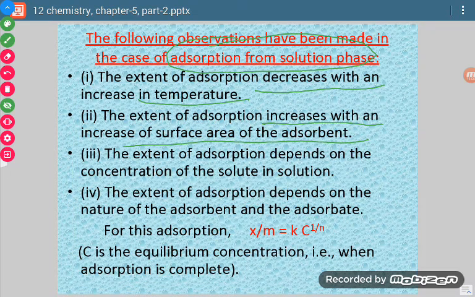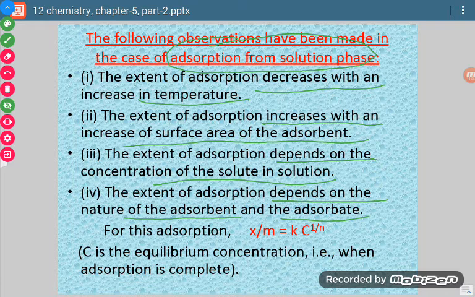More surface area means more molecules get attached, so the extent of adsorption increases. It also depends on the concentration of the solution. If the concentration is more, there are more molecules available to be adsorbed, so this value will also increase. The extent of adsorption also depends on the nature of the adsorbent and the adsorbate.